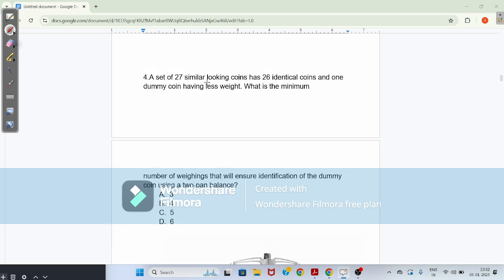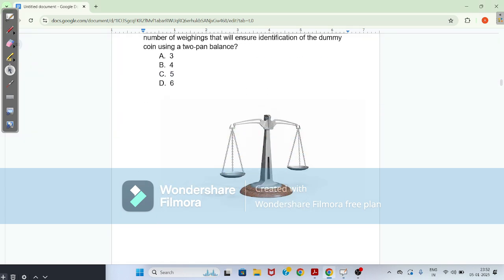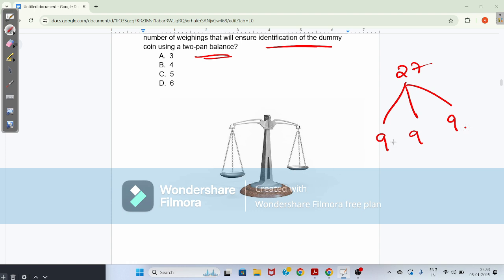Now a set of 27 similar looking coins has 26 identical coins and one dummy coin having less weight. What is the minimum number of weighings that will ensure identification of the dummy coin using a two pan balance? So consider here 27 coins, and divide this into 3 parts, that is 9, 9, 9. Suppose we put this 9 here.